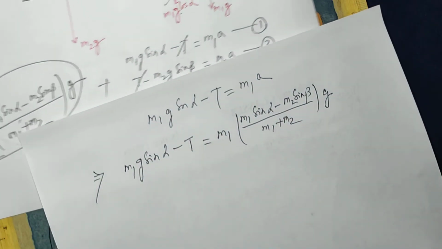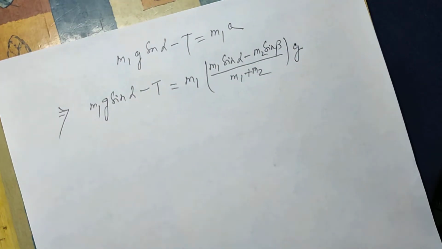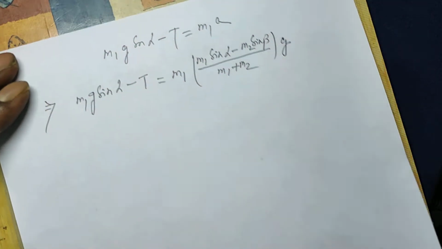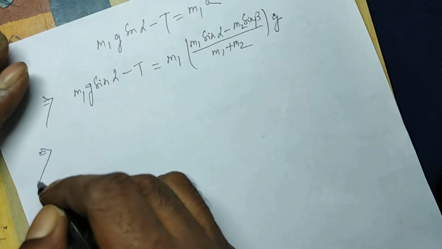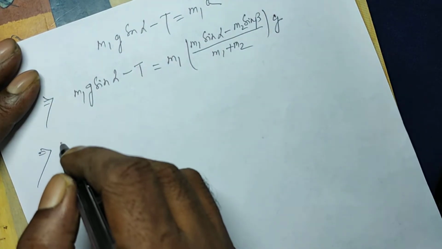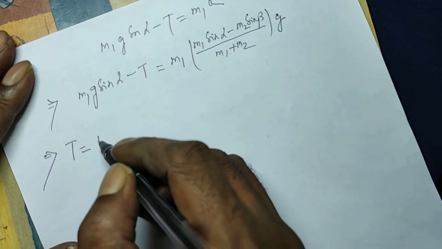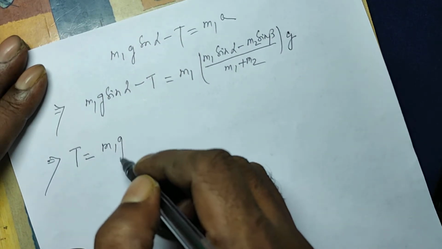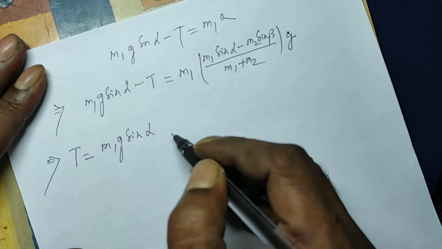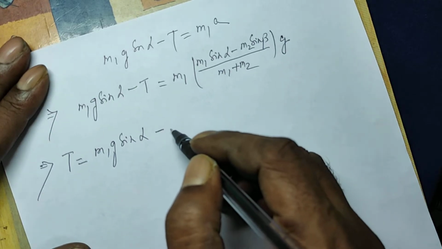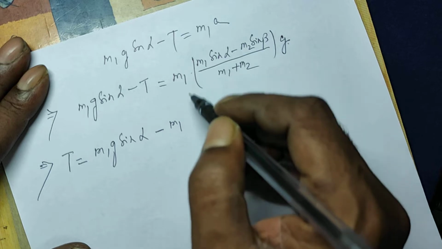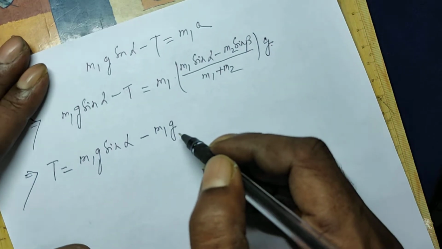Now we will solve it to find the tension. So I take T to the right hand side, it becomes positive, and this comes to this side and becomes negative. So we are left with M1g sin alpha minus M1g, I write here so that I can take common.